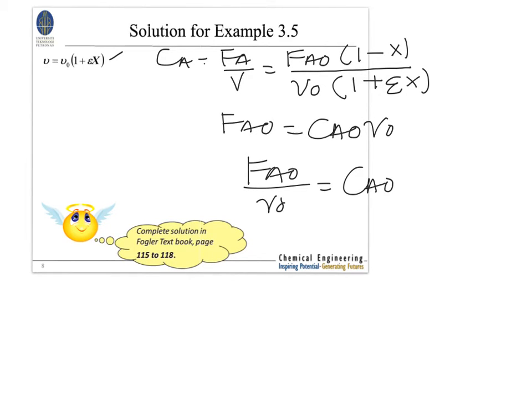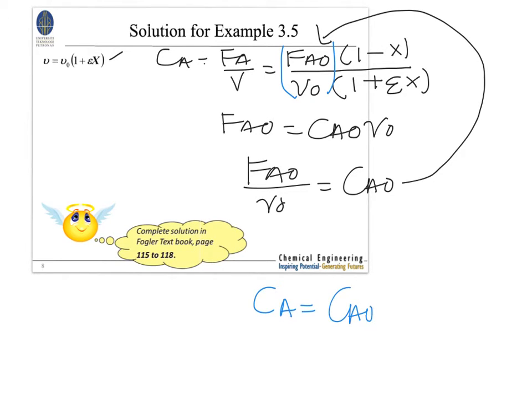So you replace it into this part, and you have CA equals CA0 times 1 minus X divided by 1 plus epsilon X.